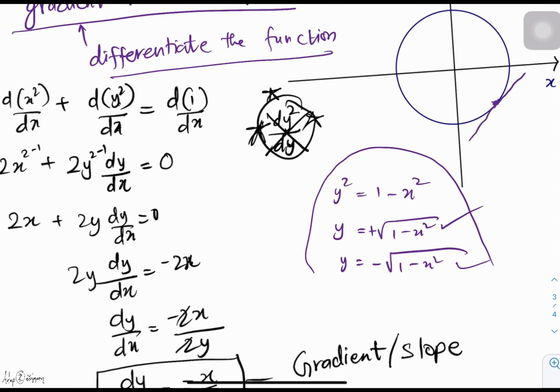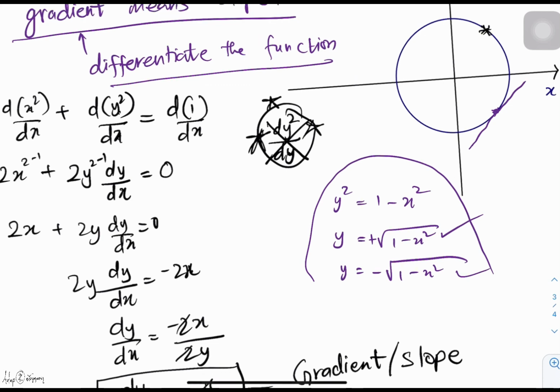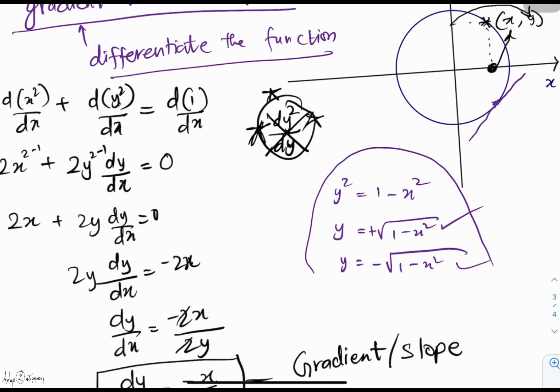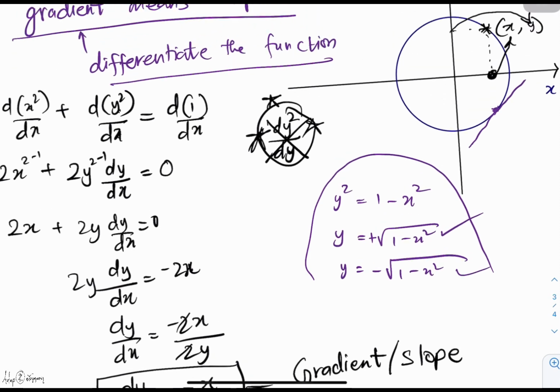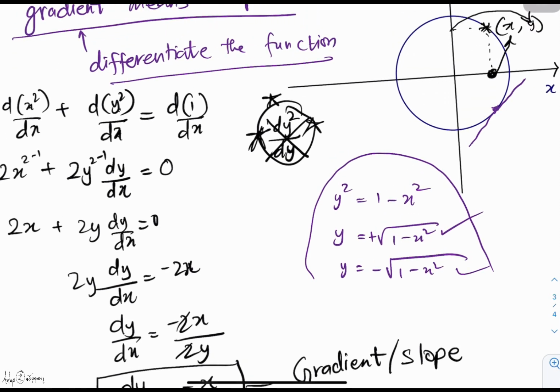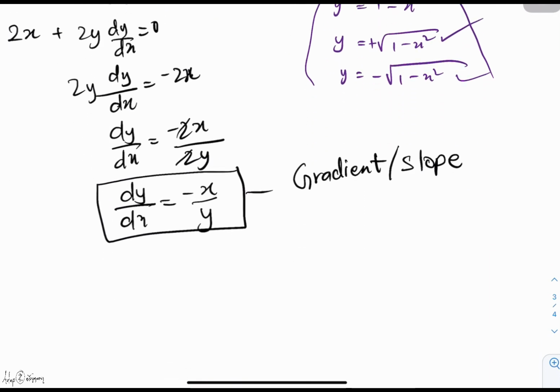Now let's say I'm taking this point here, and this point is x comma y. So the value of x from this point and the value of y from this point. If you're asked to find the gradient at this particular point, you don't have to worry, you just have to take the value of x and replace it here.